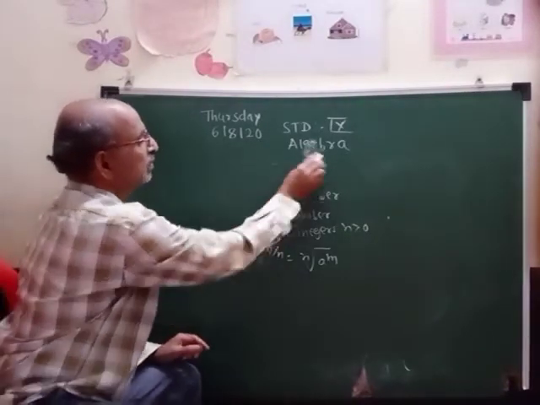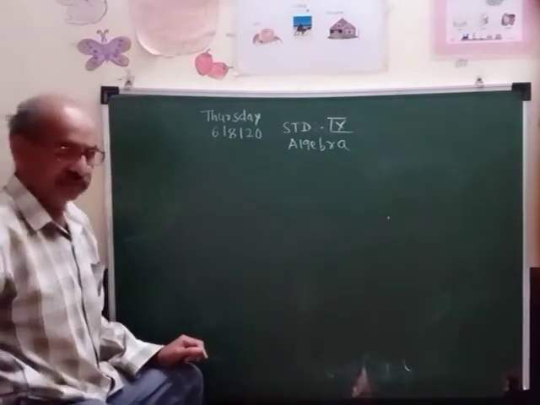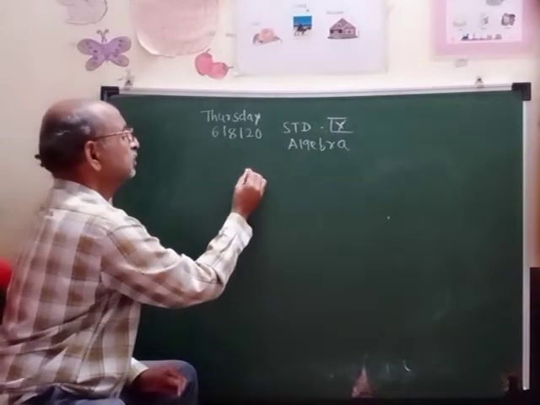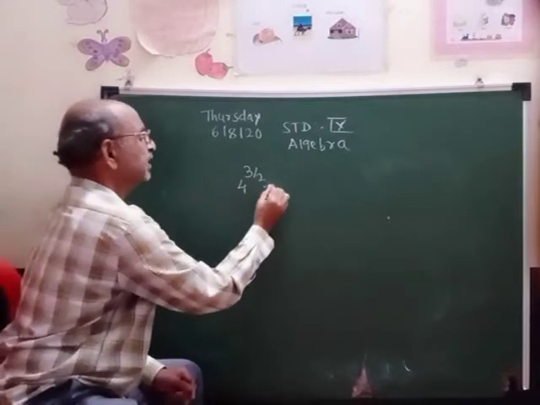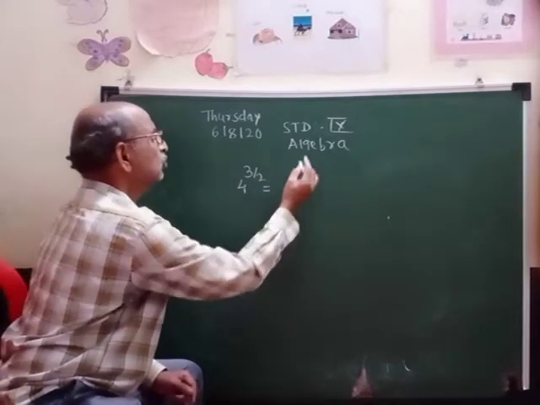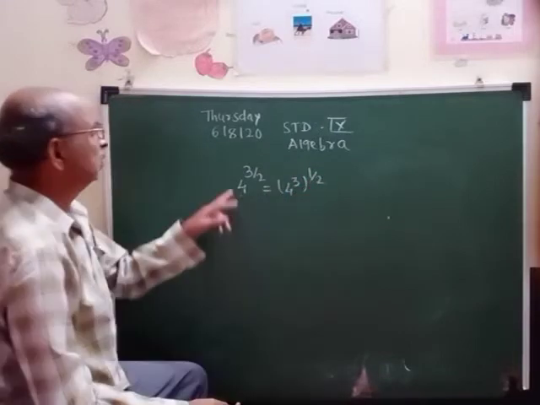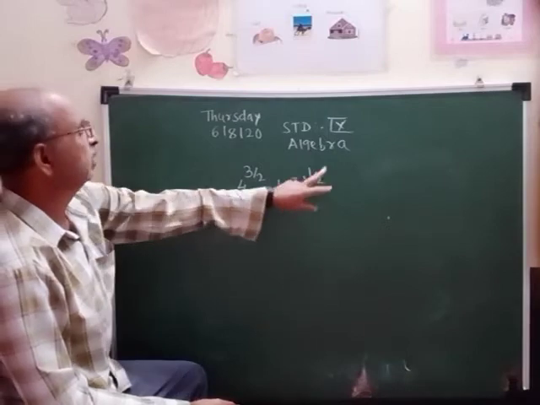Now we see some examples. Suppose 4 raised to 3 upon 2. Then we can write this as 4 raised to 3, raised to 1 half. Means 4 cube raised to 1 half.